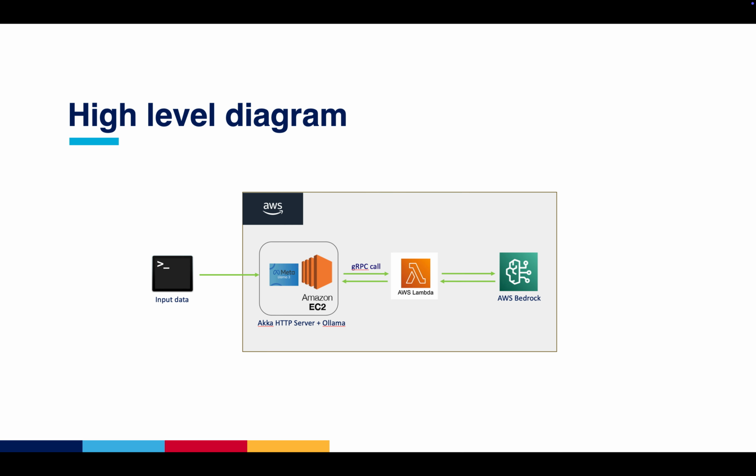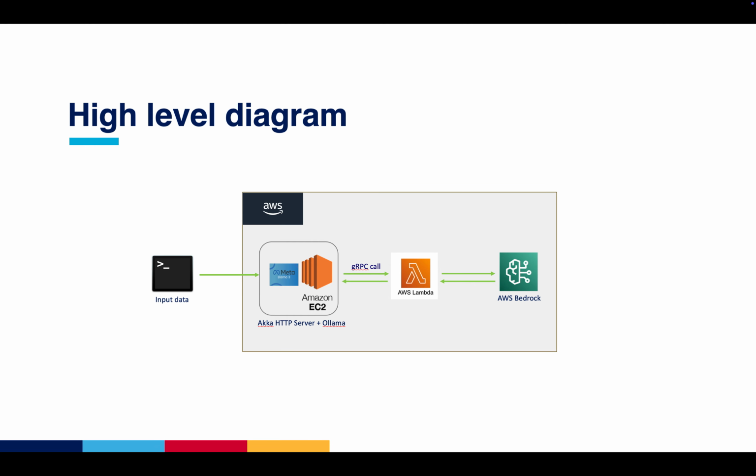So this is our high level diagram. We'll be giving our seed input, something like, hey, what are your superpowers? This input is going into the AWS cloud provider platform and reaching our EC2 instance. The EC2 instance contains an Akka HTTP server along with Ollama installed in it.